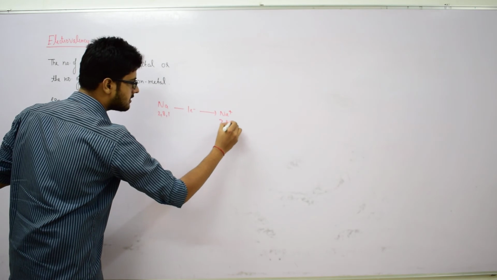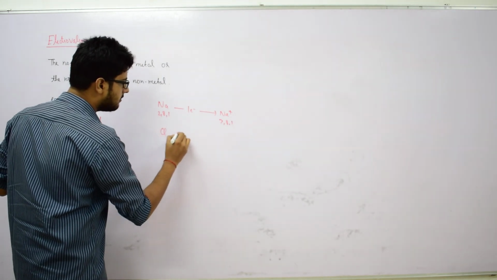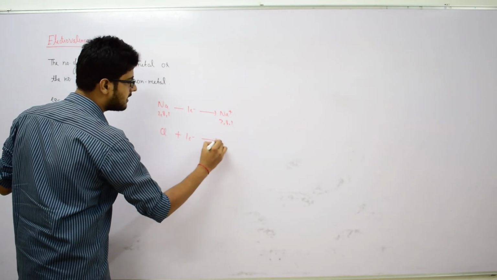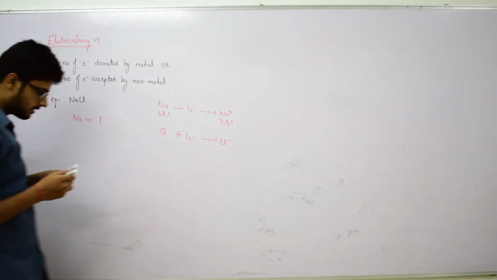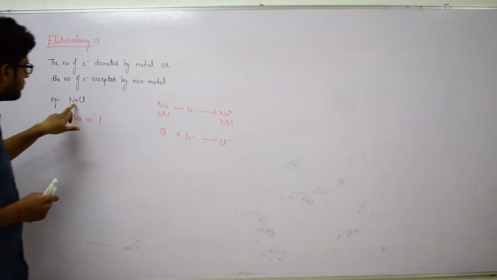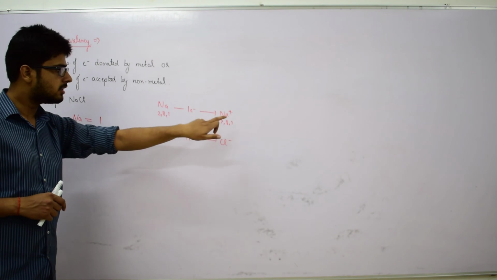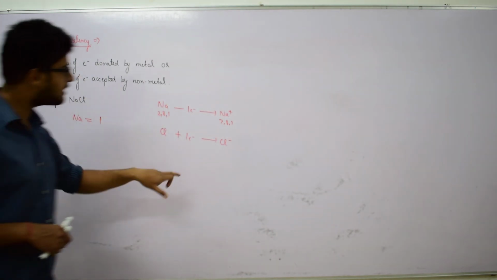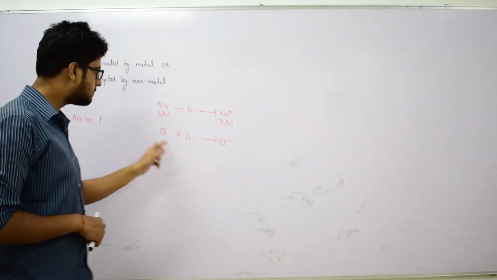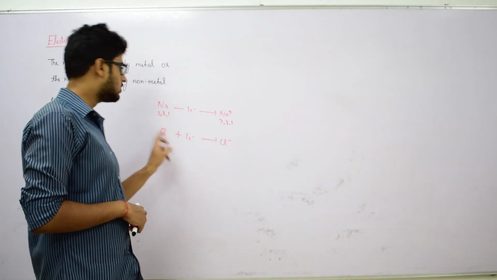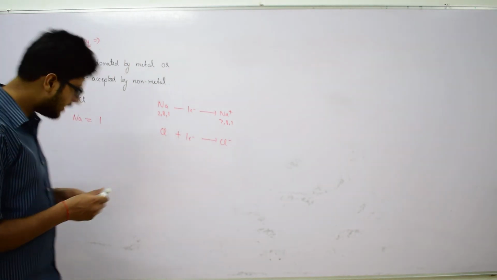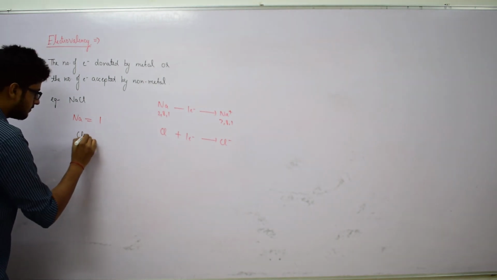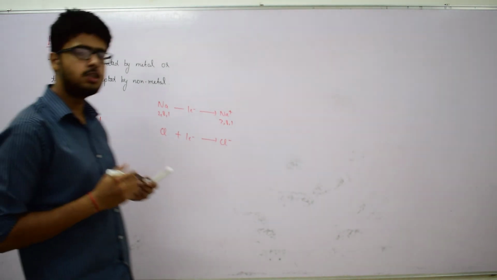Similarly, the chlorine atom accepts that electron to be converted into Cl minus. Because sodium is donating 1 electron, the electrovalency of sodium is 1. Similarly, because chlorine is accepting 1 electron, the electrovalency of chlorine is again 1. So this was about electrovalency.